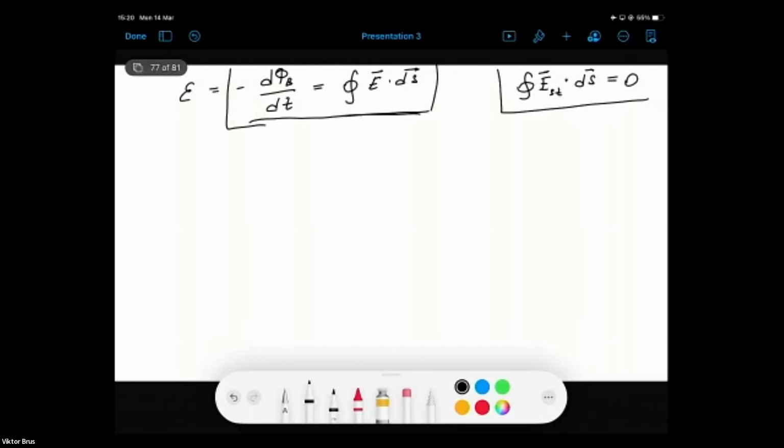Let us assume that we have a solenoid with a time-dependent electric current flowing through it. I is a function of t. So here is the same current I as a function of time.